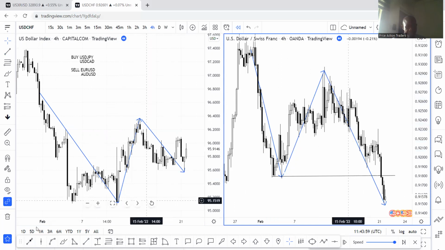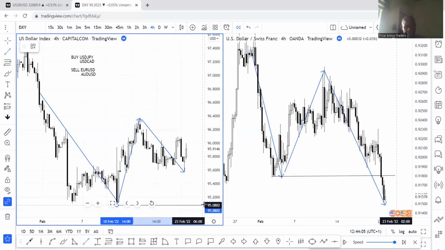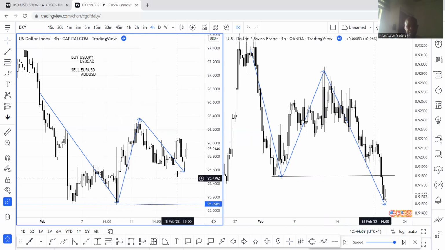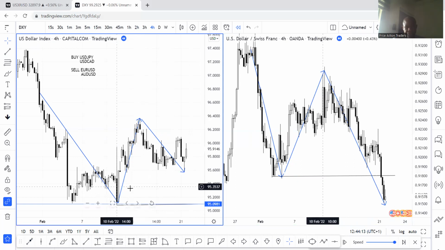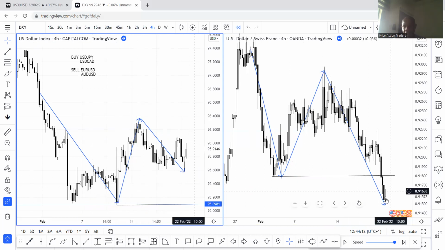But here, there wasn't a manipulation of this low. This low has not been taken out. Can you see that? This low has not been breached here, but here it has been breached.